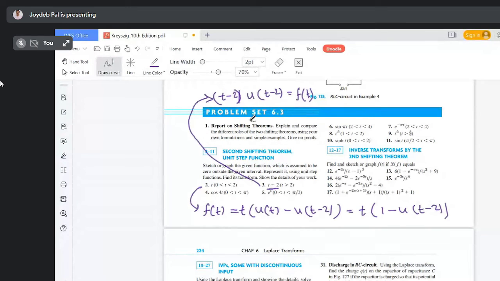Now you tell me, to find the Laplace transform of this function, which formula will I use? Better to use the main t shifting formula, not the modification, because the function is in the form of f(t minus a) u(t minus a), right? I am showing.